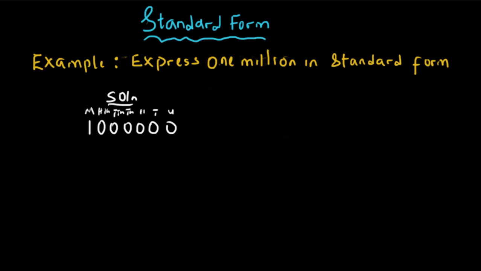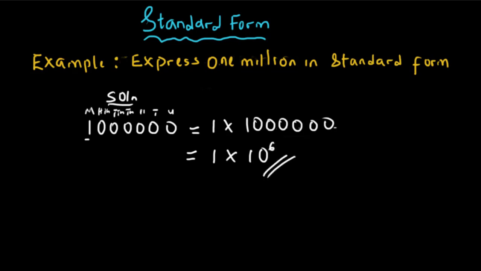So 1 million has 6 zeros, and this will be equal to 1 times 1, 2, 3, 4, 5, 6, which is equal to 1 times 10 raised to power... How many zeros do I have? 6 zeros. And this is the answer. Do you understand? Let's take another example.